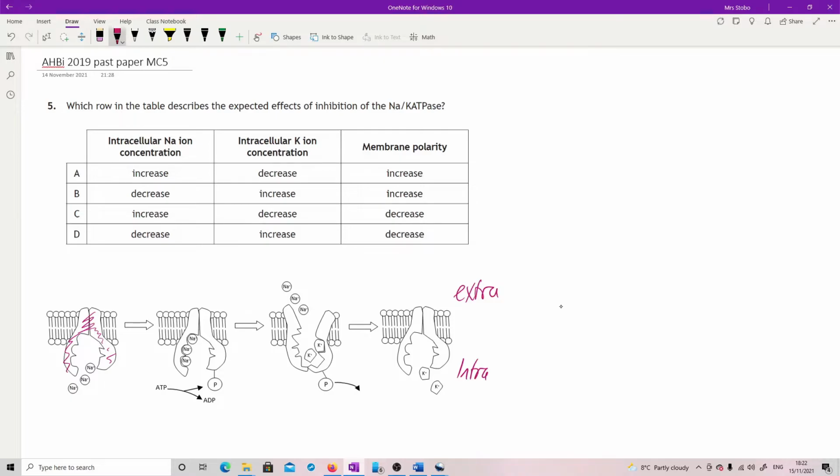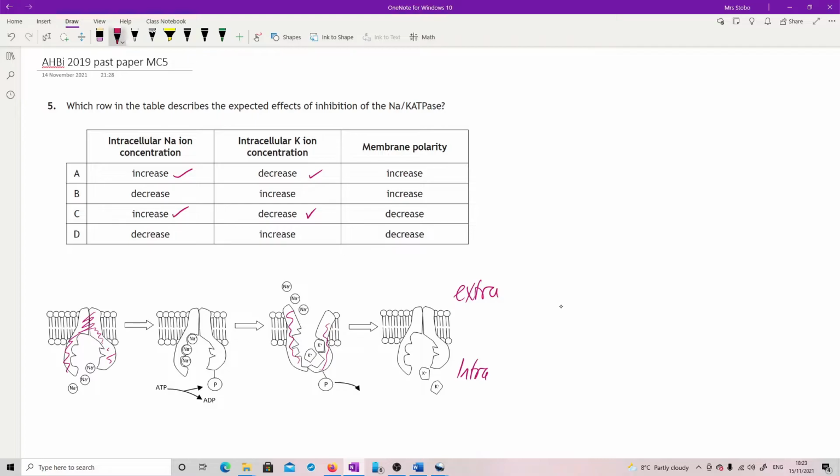Our sodium ions are going to build up on the inside because they're not being pumped out, so they are going to increase. Our potassium ions are not going to be pulled in because this is not functioning, so I'm not getting potassium moving into the cell. So again, we have a decrease.